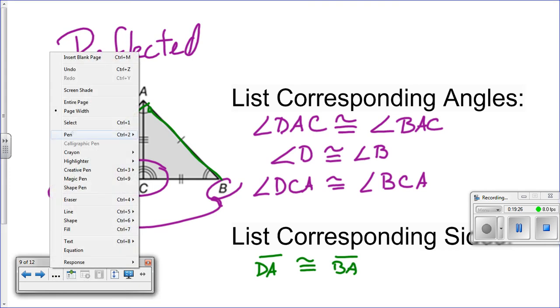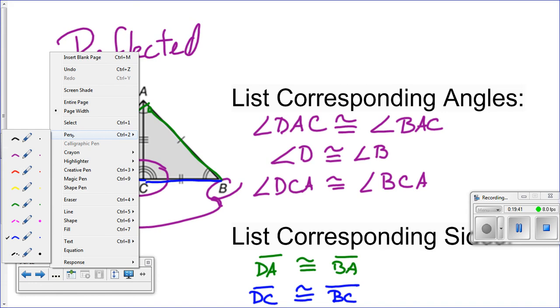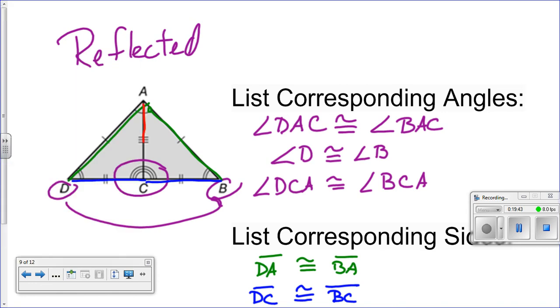I could say line segment DC is congruent to line segment, that would have to be BC, and then our final one is actually the same line, so it's this one right here. So we could say line segment AC is congruent to line segment AC.